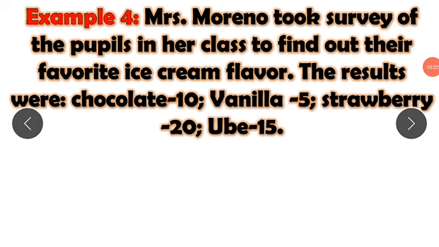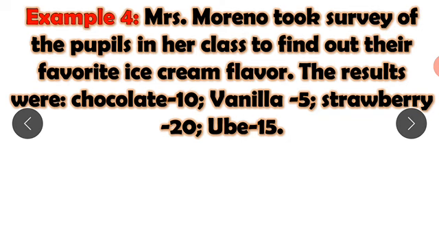To get the whole data or reference data of this problem, we should first add all the variables. So we have 10, 5, 20, and 15, a total of 50. So that is our whole data, 50.